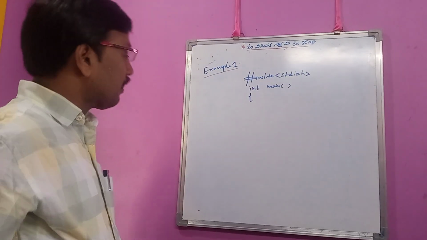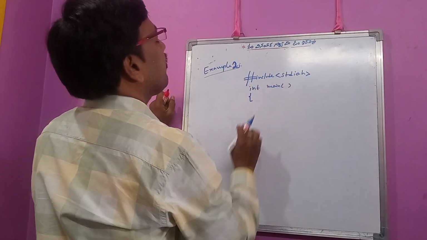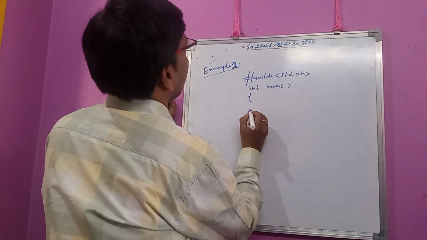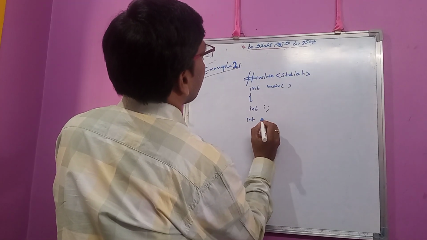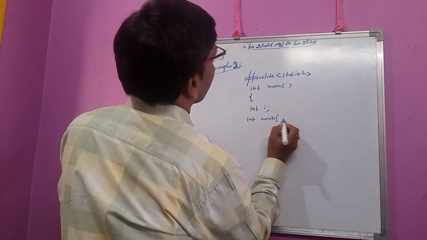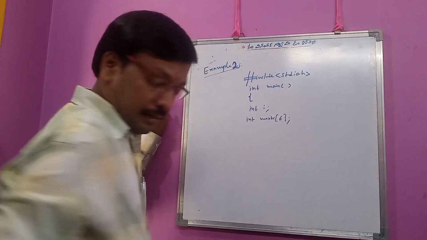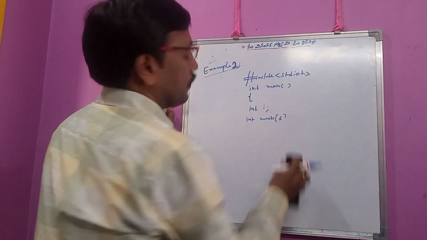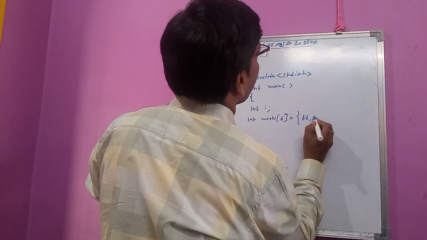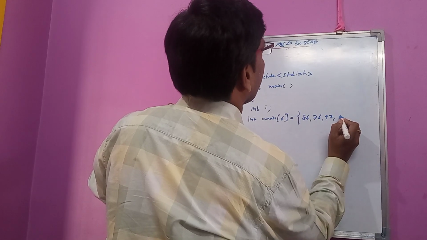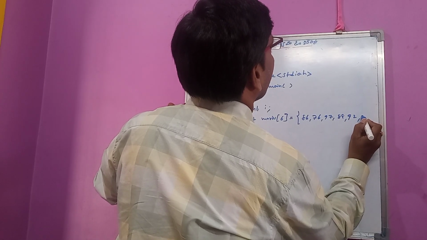We see another example, example 2. Hash include stdio.h, int main, open brace, int i is a variable declaration. int marks[6] equal to 86, 76, 97, 88, 92, 78.